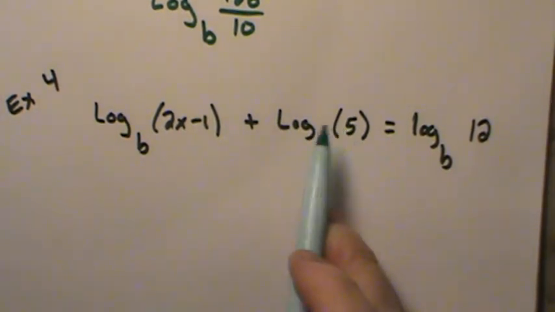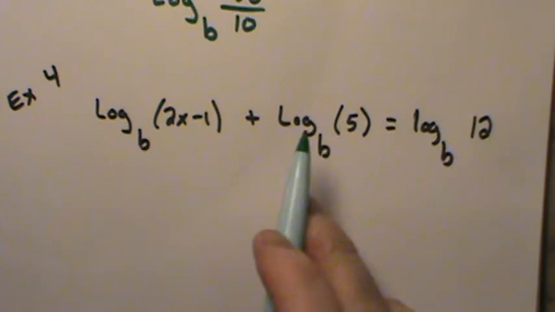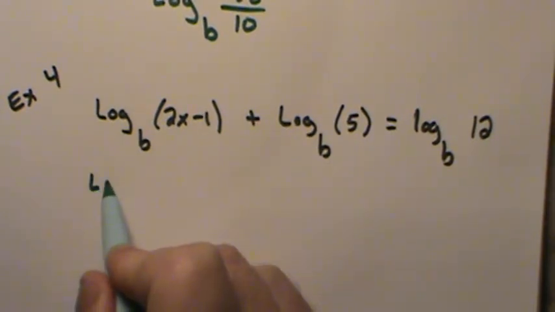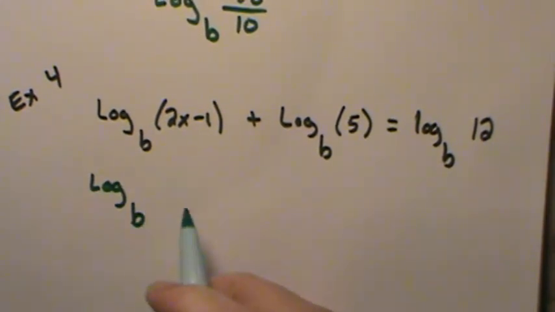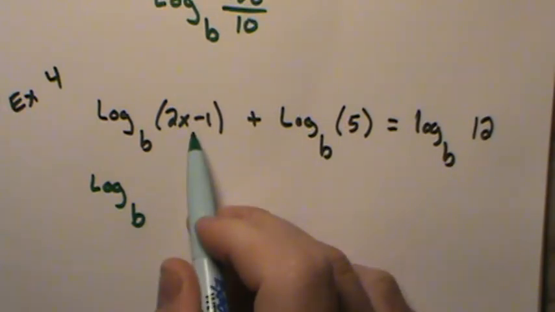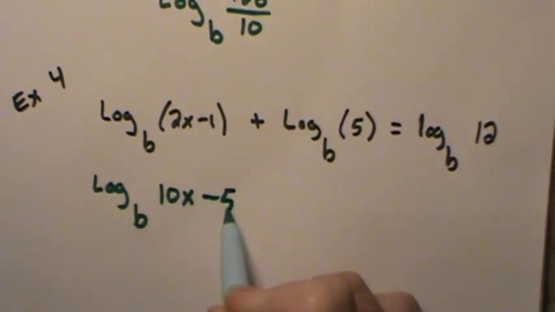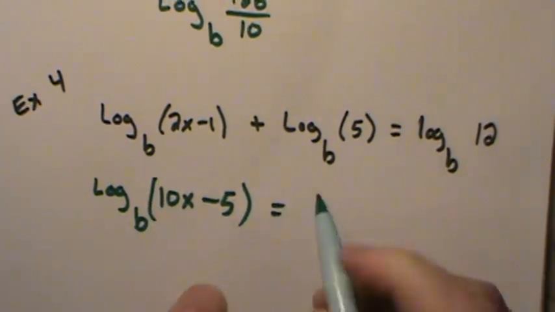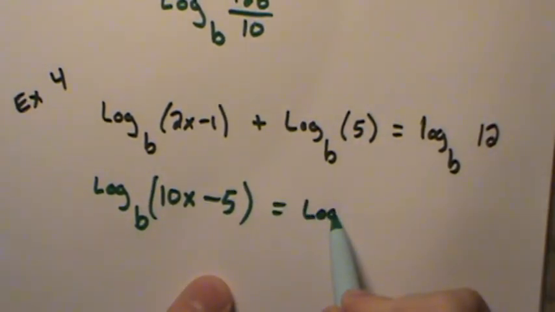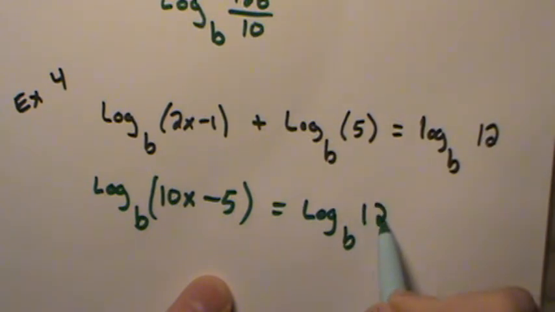Now I'd have to take the 5 times that. I'm multiplying the arguments. And so this would become log base b of 10x minus 5, as I distributed that 5 across there, equals log base b of 12.